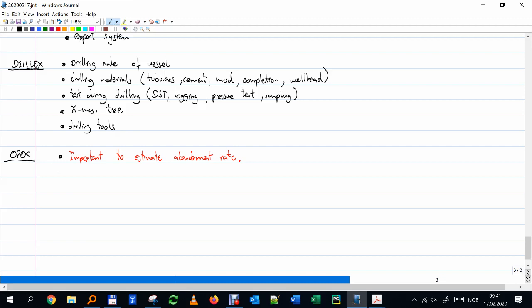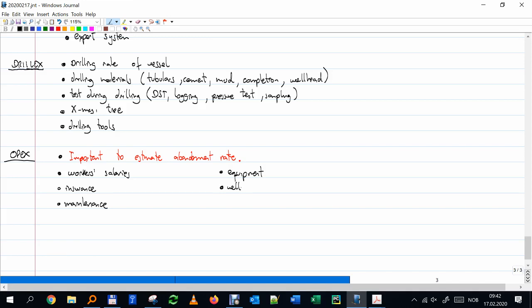Okay, but OPEX usually we include, again, not the main cost item, but really what is important for people: workers' salaries. We have insurance. Okay. We have maintenance. We have equipment that we have to buy.